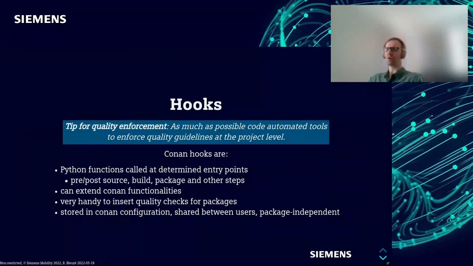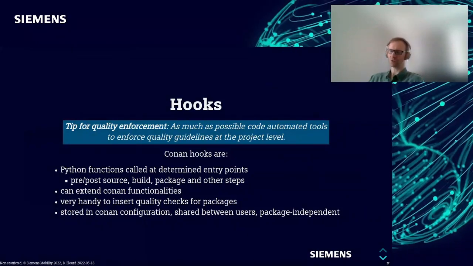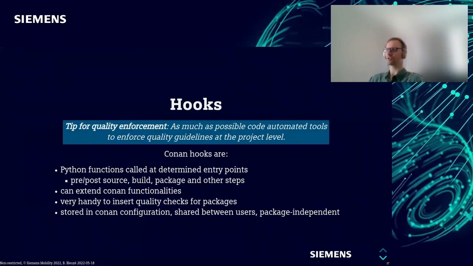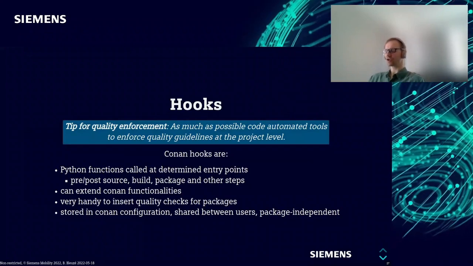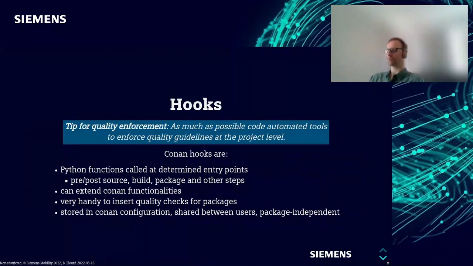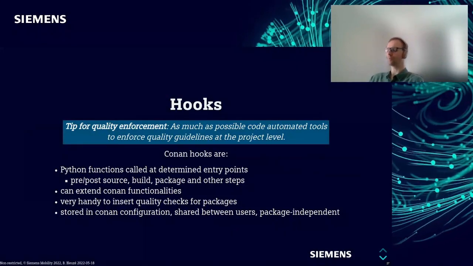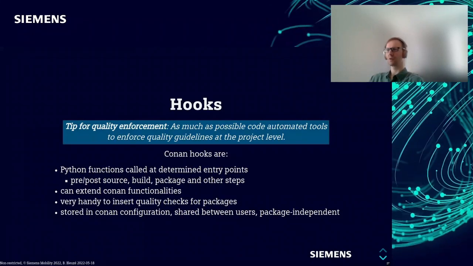So the hooks there are Python functions that you run before or after getting the source code of a package, after building it, or at build time, packaging it, and so on. And they are shared also in this Conan config, so you can share them between all your users, and they're package independent, so you use the same quality rules for all your projects. It's also a very good thing.